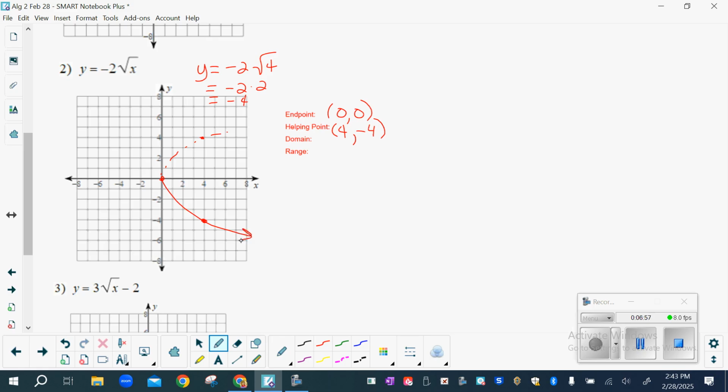Greater than or equal to? Yes, x is greater than or equal to 0. Thank you, Armani. Now, what about the range? Be careful.